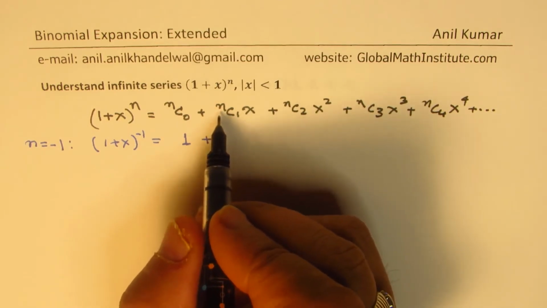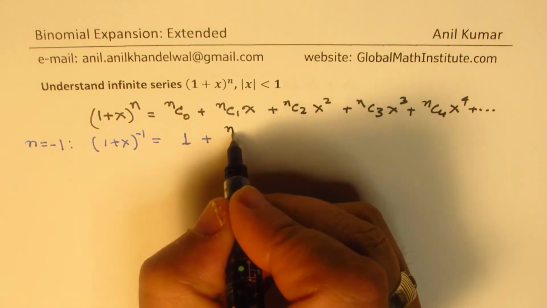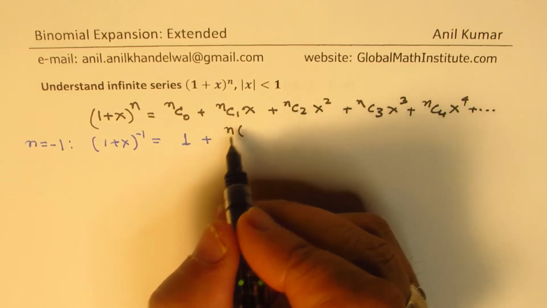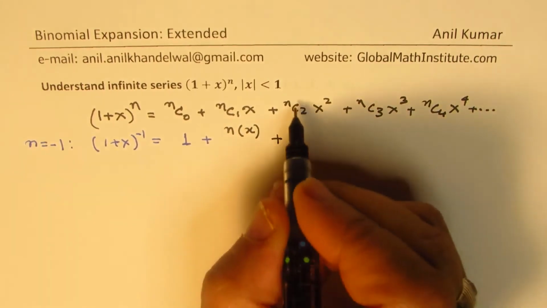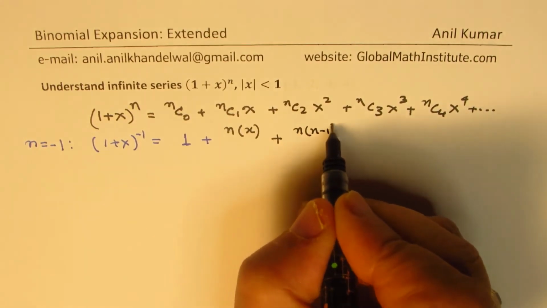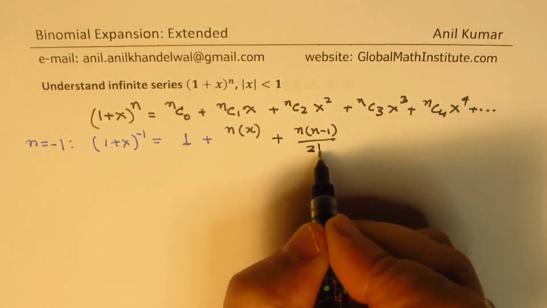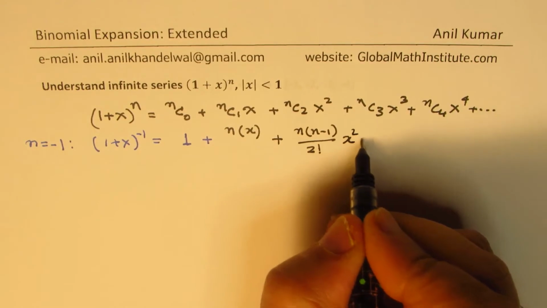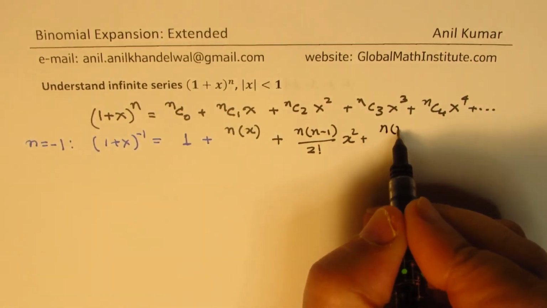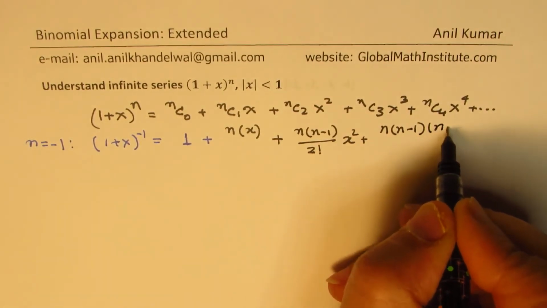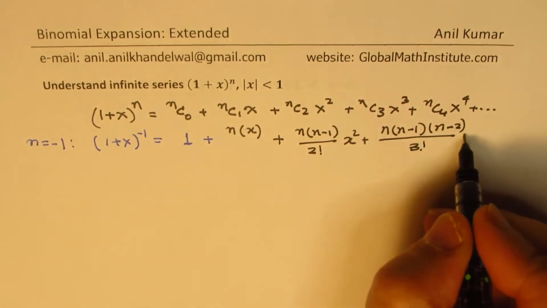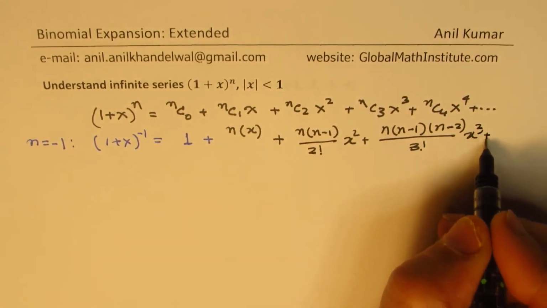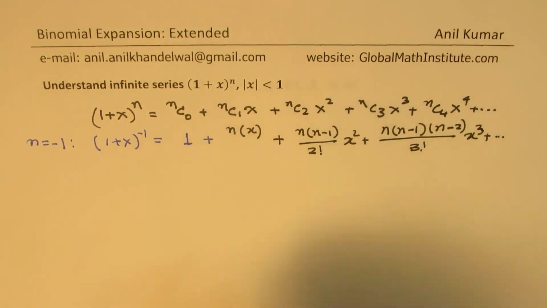So let me write this back into the form of n times x, so it is just n times x, plus n times (n minus 1) over 2 factorial times x squared, plus n times (n minus 1) times (n minus 2) over 3 factorial x cubed. Is that clear to you? Plus so on, correct?